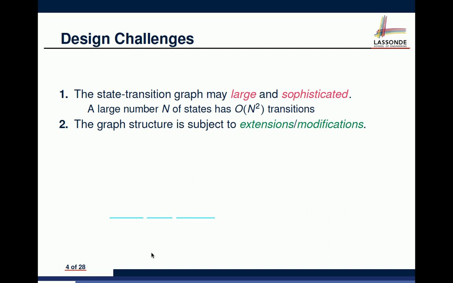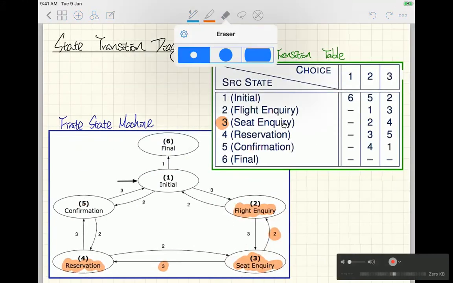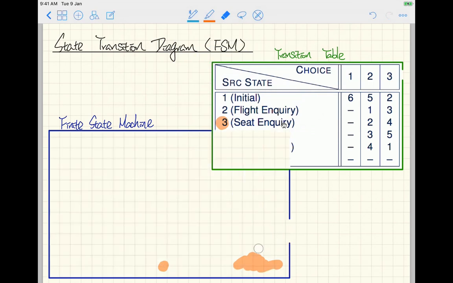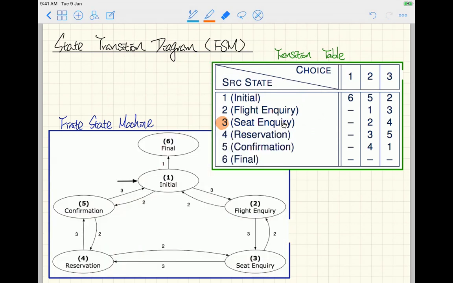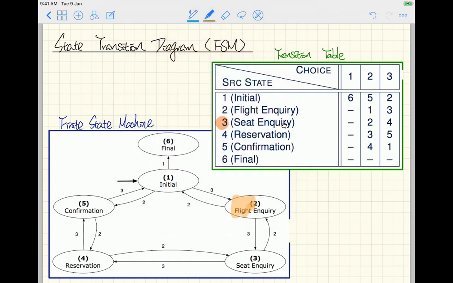For example, according to the diagram over there, you might want to merge, let's say, states 2 and 3. Let me just clear that quickly. So this is our state transition diagram. Now how do I merge, for example, these two states into one?